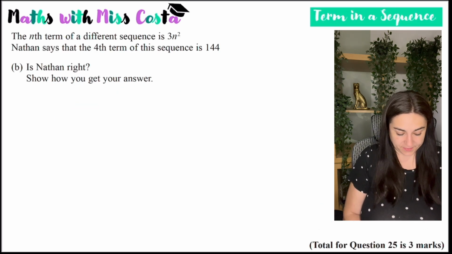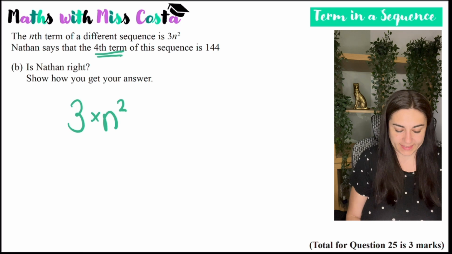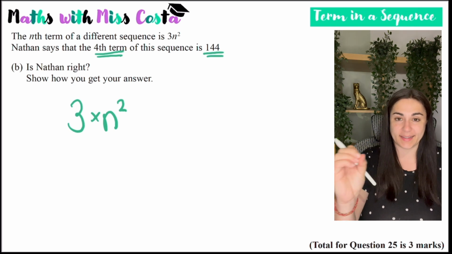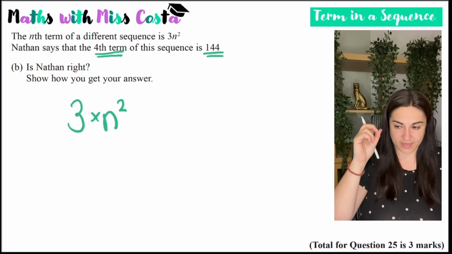Next, it says the nth term of a different sequence is 3n squared. And what does 3n squared mean? It means 3 times by n squared. Nathan says that the 4th term of this sequence is 144. Is Nathan right? So if it's the 4th term, n represents the position of the number in the sequence.